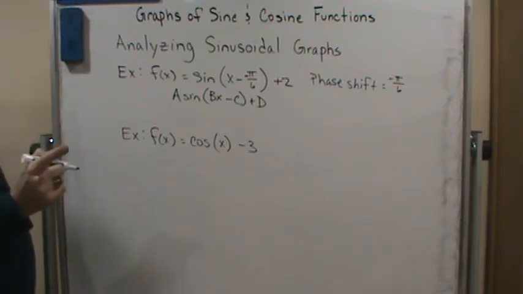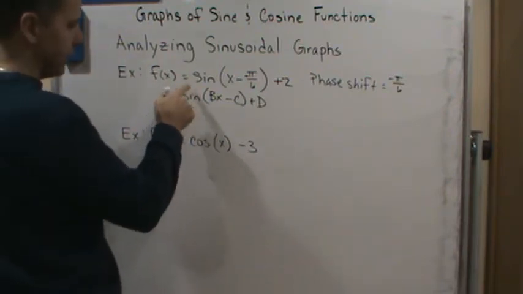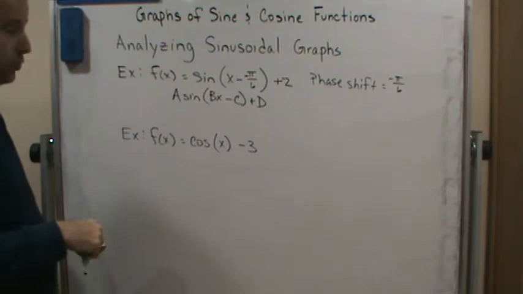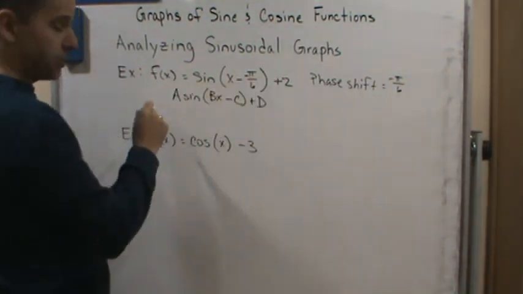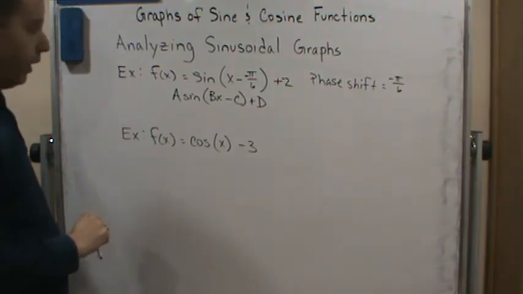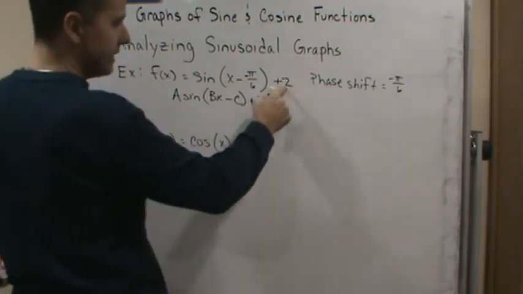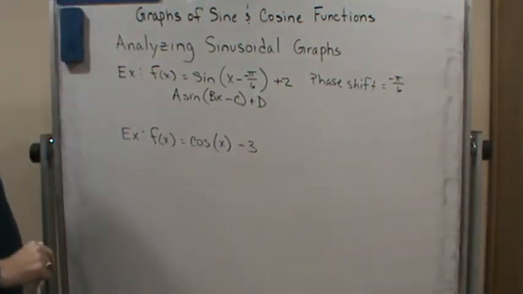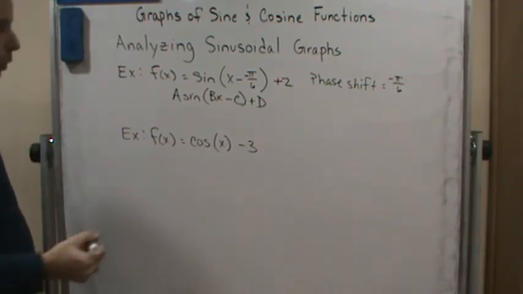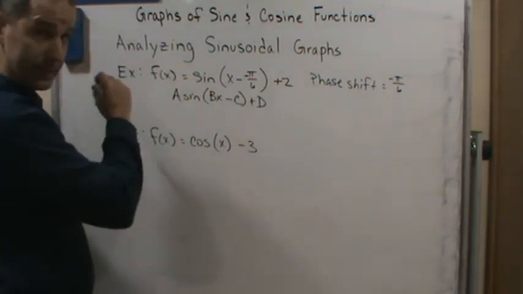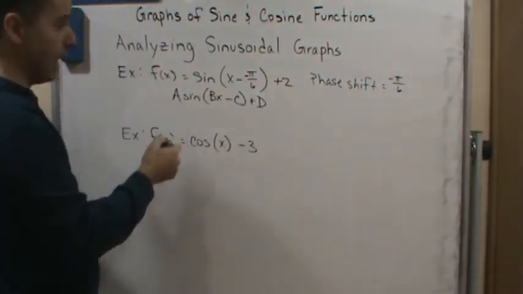So now we know, since a is 1, that this has an amplitude of 1, which means if it was just a regular sine function, it would go from 1 to negative 1. But now, since this is a vertical shift down 2 units, where is the midline? Well, the midline, which is normally y equals 0, is now being shifted down.